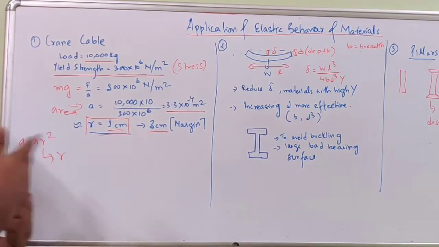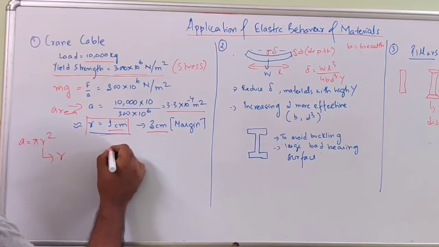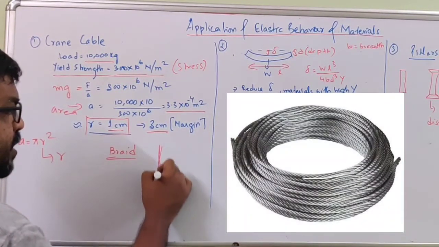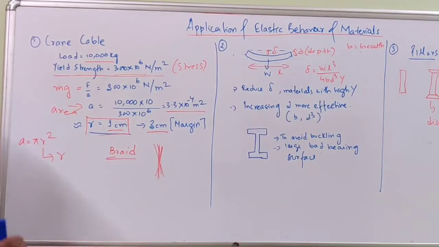Again, in order to further increase this strength, we use a braid. Braid means multiple wires are wound together, so as to further increase the strength. So this is one example.